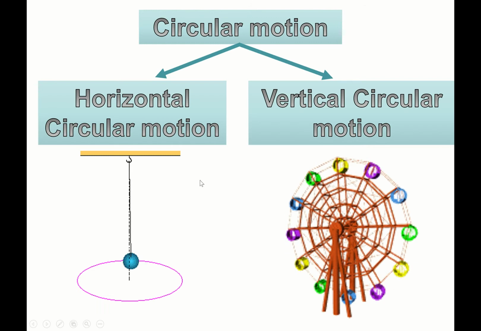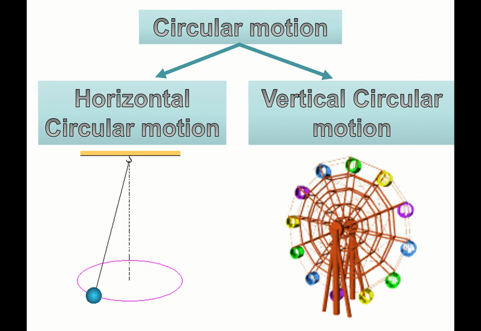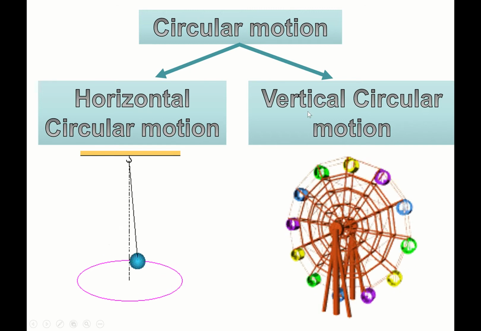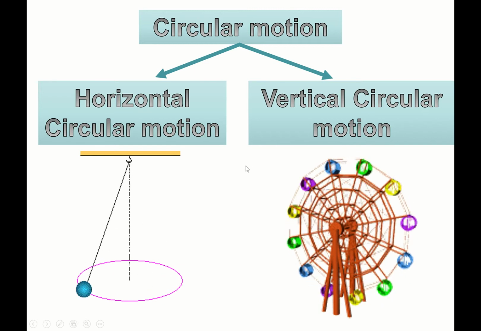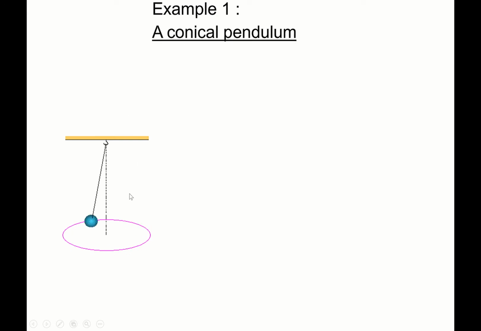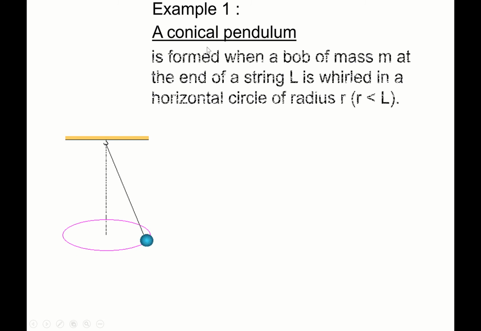So we are going to discuss one example each for horizontal circular motion and vertical circular motion. For horizontal circular motion, in this example, we are going to discuss a conical pendulum.